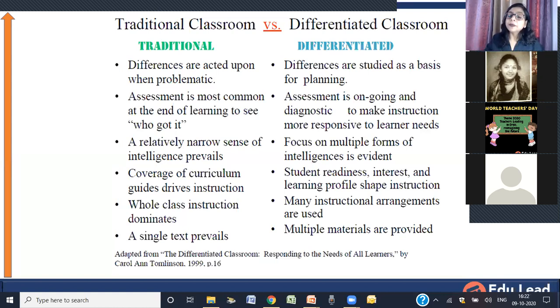I will use multiple resources, and it's not just one instruction. There will be multiple instructions in my class, right? So that's the definition of a differentiated classroom. Now, if you're thinking that this seems more idealistic than practical, the fact is that it is very, very easily practical. So we have to first of all believe that it can be done, and then understand the various ways by which it can be done. So that's the difference between traditional and differentiated classroom.